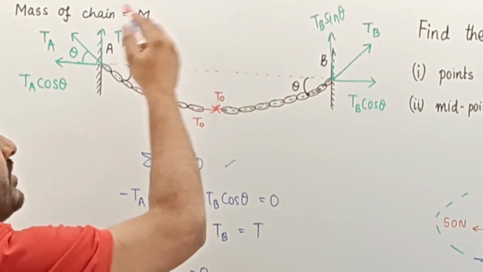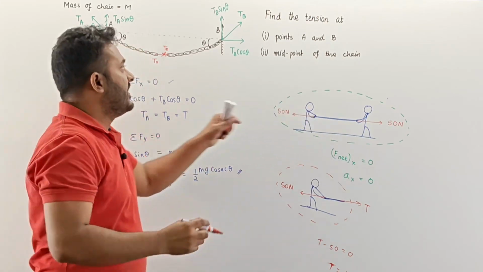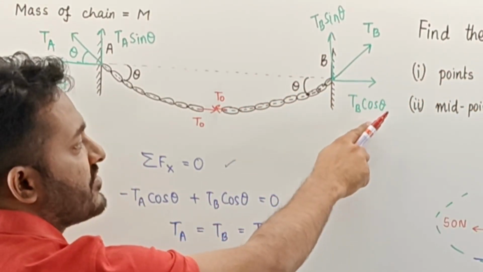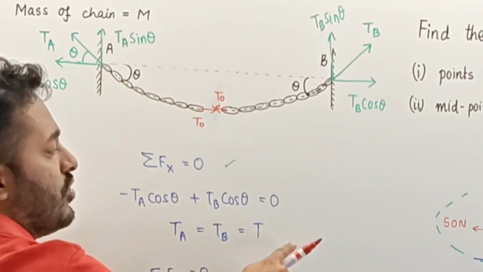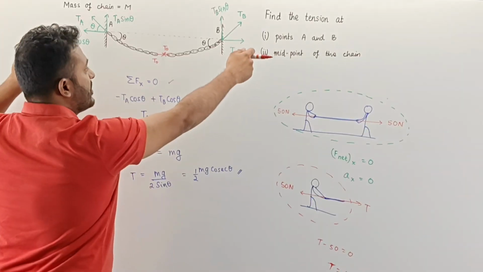For this system to be in equilibrium, it is just like this particular problem, that at both ends, the horizontal tension exerted is TA cos theta and TB cos theta, which is established to be equal to each other.